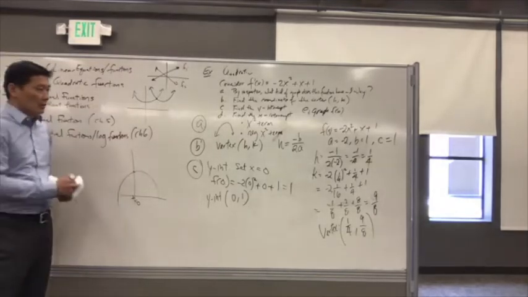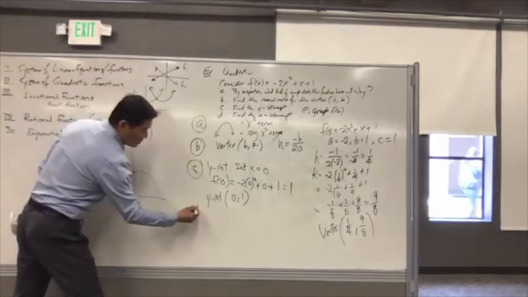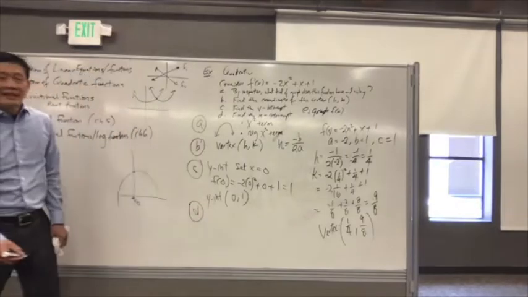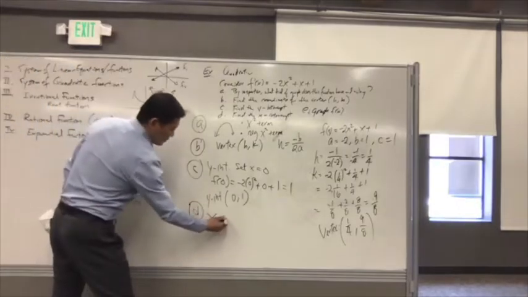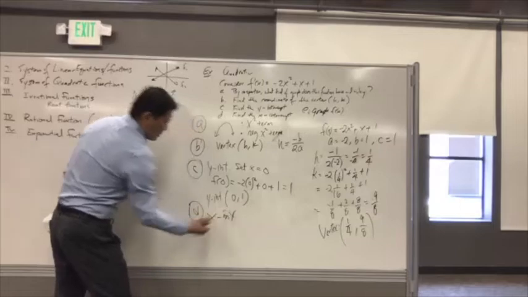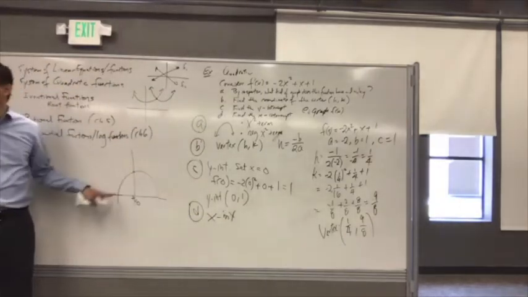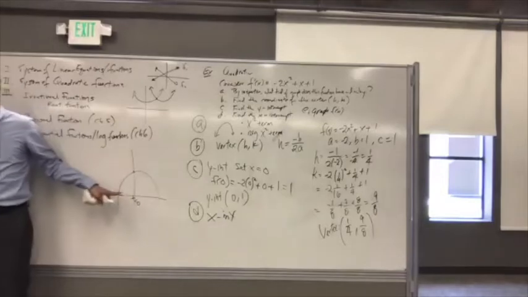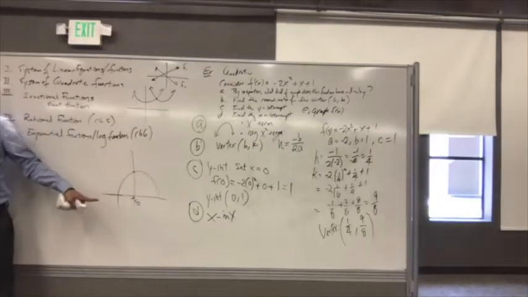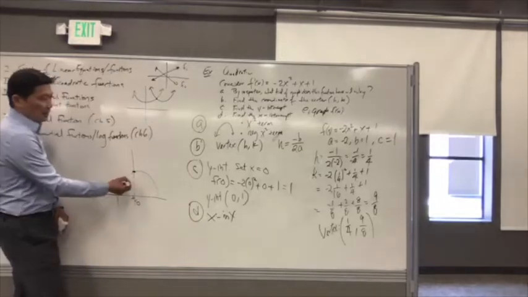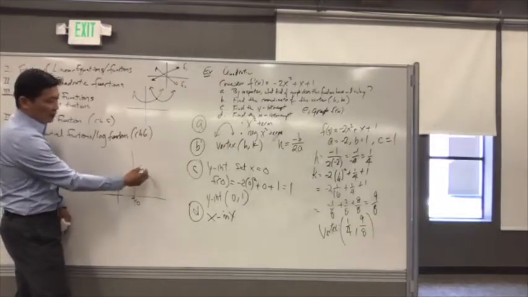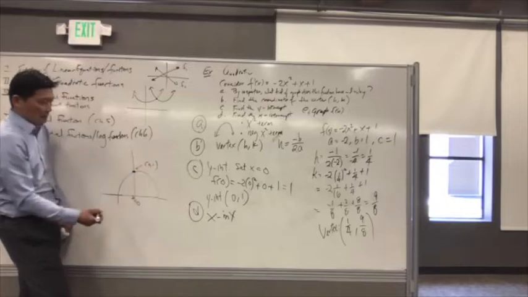Now, part D, you want to find x-intercept. Say this is just a sketch, a mental sketch. This is not a real graph, but it could be the real graph. We found the y-intercept, which is at 0 and 1.